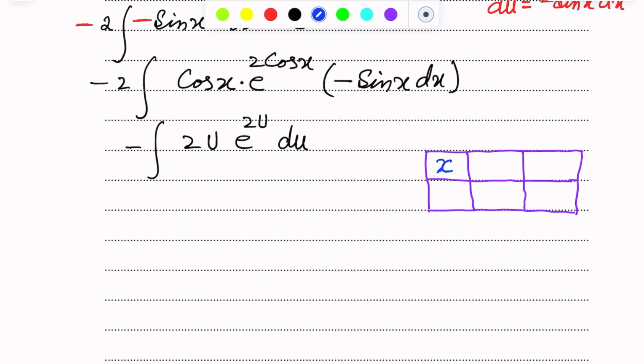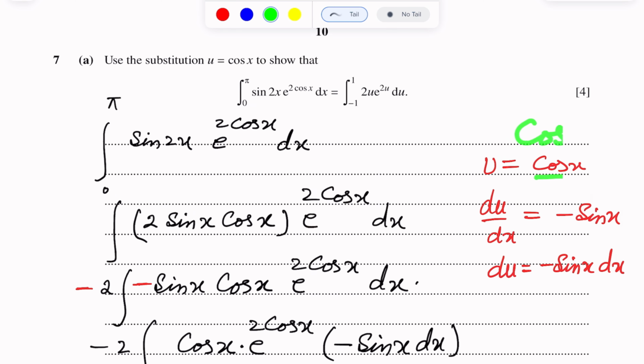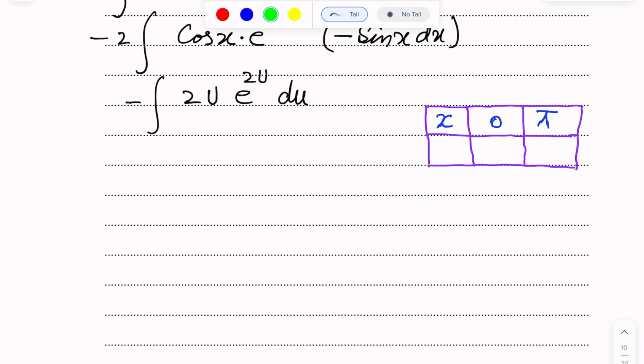When x limit is 0 to pi, now the variable is u. Now we use the substitution. When we put x is equal to 0, then cos 0 becomes 1. So when x is equal to 0, u is equal to 1.